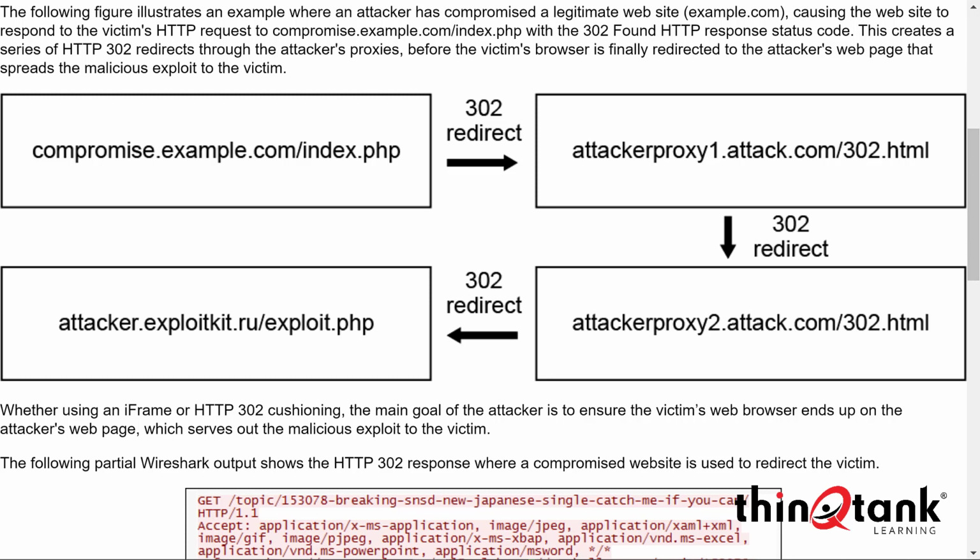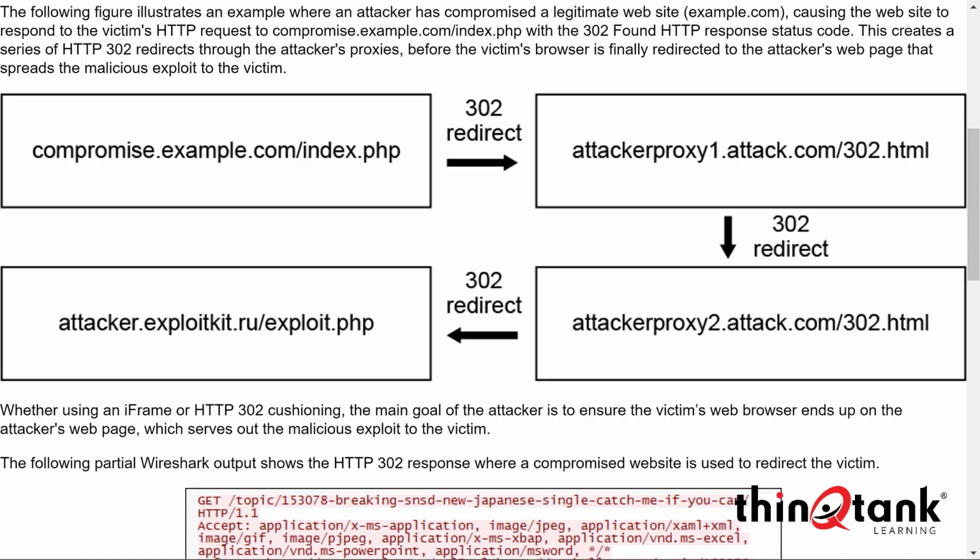That then triggers several different HTTP 302 redirects through the different proxies before the victim's browser finally gets redirected to the attacker's web page that's ultimately going to launch the exploit and install the software on the computer. All right. Now, whether you decide to use iframe or 302 cushioning, obviously we understand what the overall objective is, right? Serve the malicious exploit to the victim, and install the software so that we can then further control that particular computer.